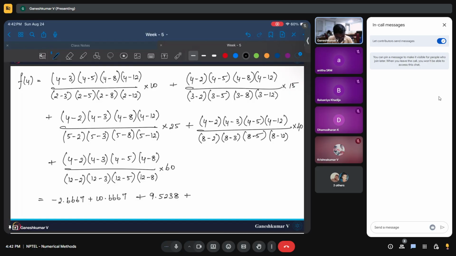Then 2 into 1 into minus 1 into minus 8, divided by 6, 5, 3, minus 4, into 40, which is minus 1.7778.